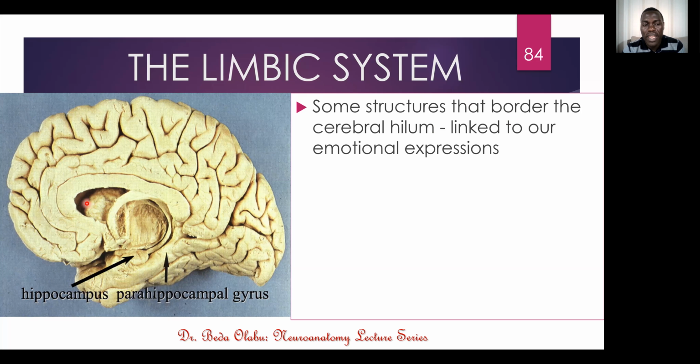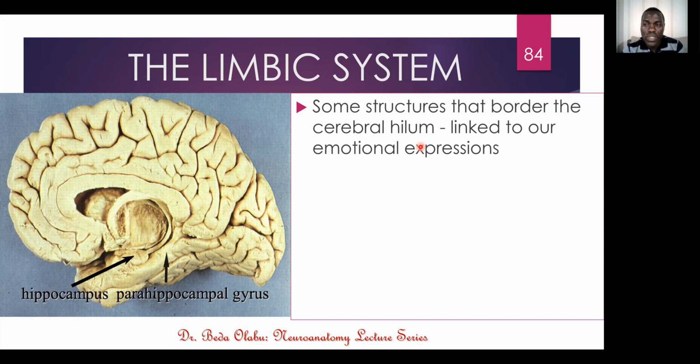The cerebral hilum is this region here where the right and the left hemisphere are joined together. The region around the diencephalon and corpus callosum. So the structures around that hilum have been shown to have a link with expression of emotions.